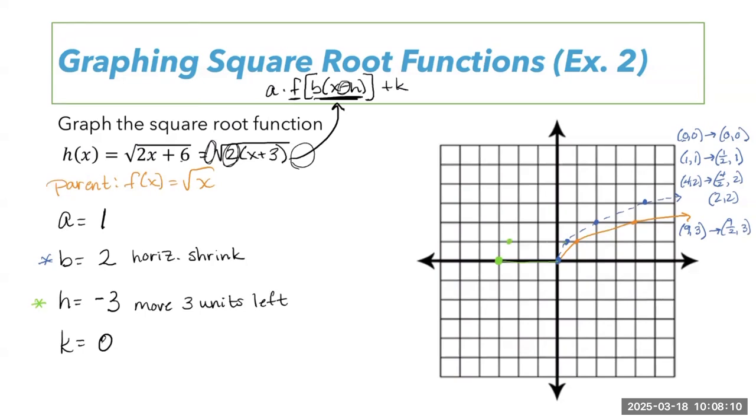My 2, 2 point, 3 to the left ends up at negative 1, 2. And my 4.5, 3 point, if I go 3 units to the left, ends up at 1.5, 3. And so now I can connect those points into a nice curve. And this is my h of x graph.